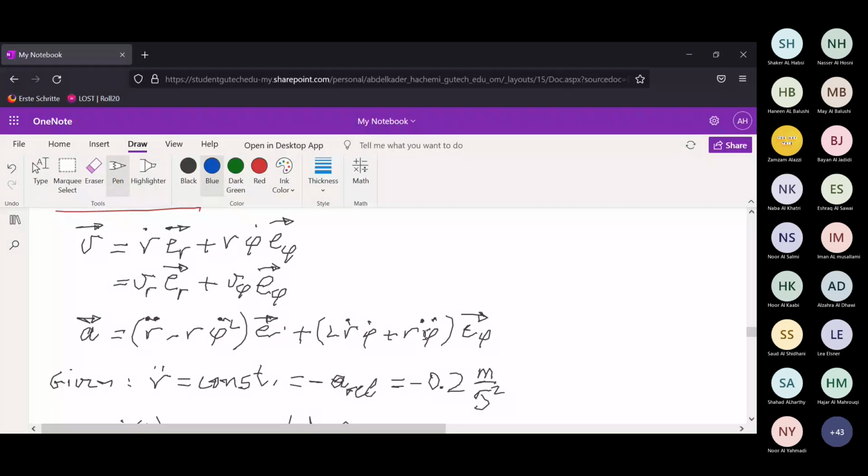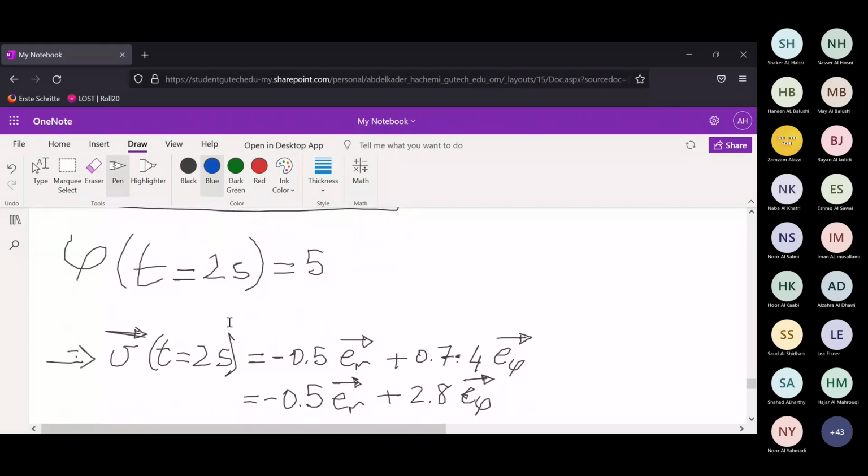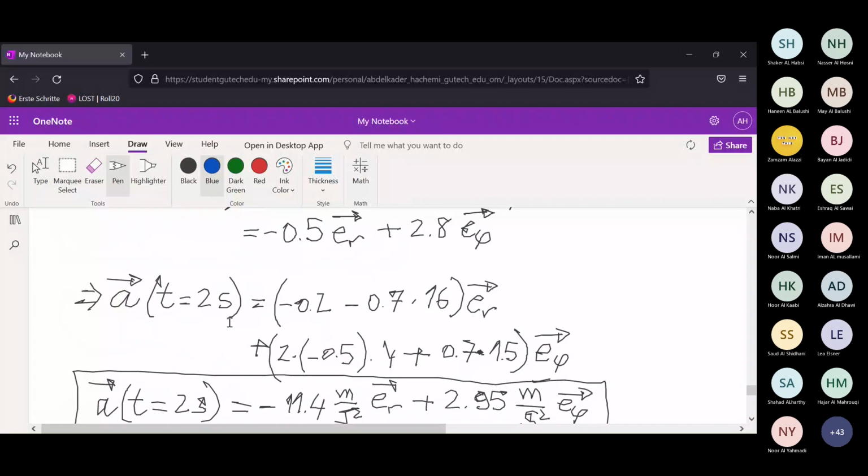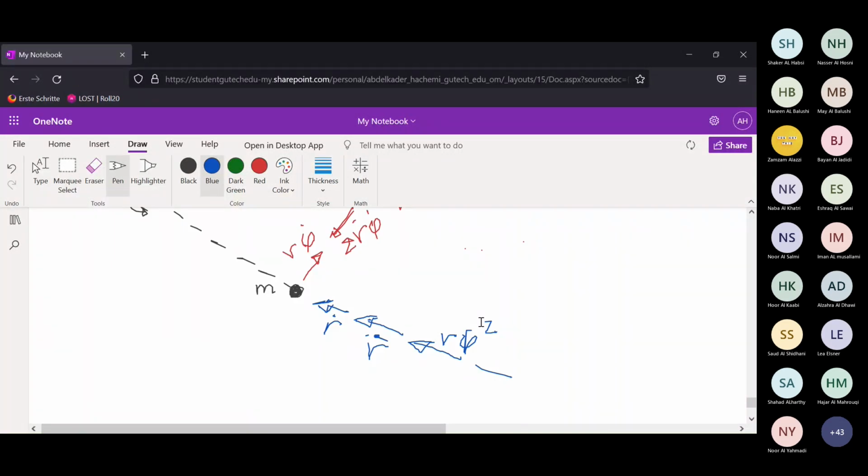The same principle holds for the radial direction. We have R dot, R dot dot, and R phi dot square. All three components for the velocity and the acceleration are given in e R direction.